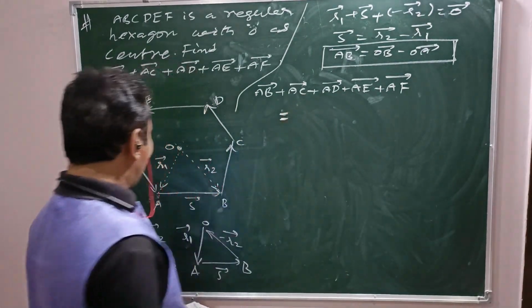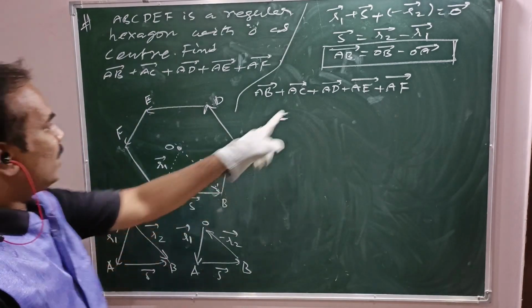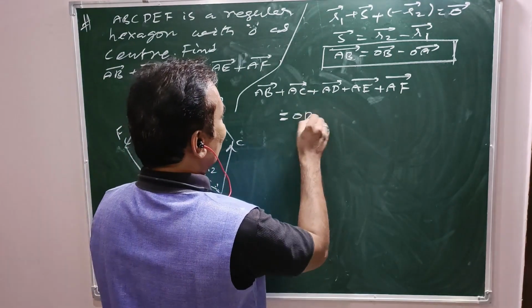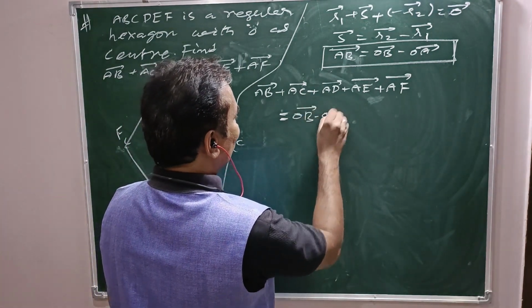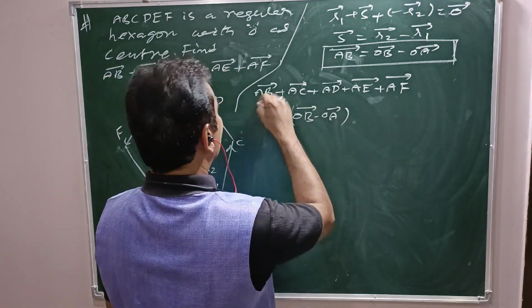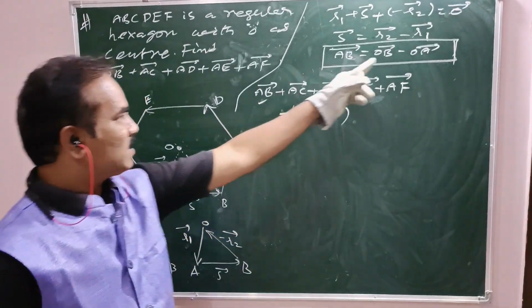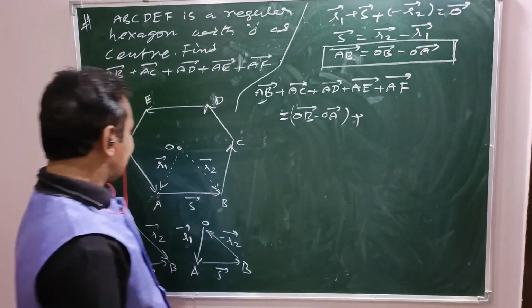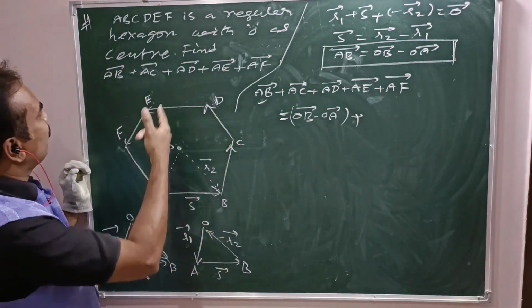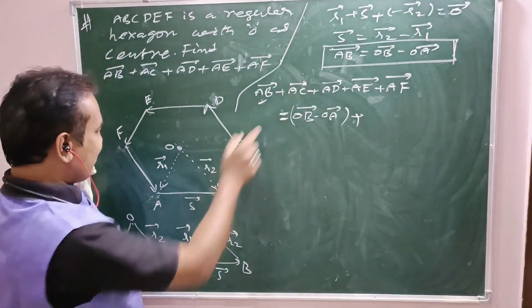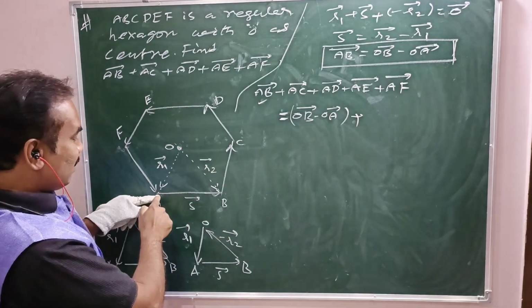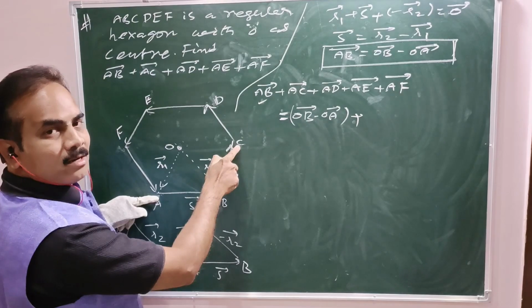What is AB bar? AB bar means OB bar minus OA bar. Okay, this is completed. Plus AC bar. See this hexagon. A is somewhere here, C is somewhere here. A is the initial position, C is the final position.